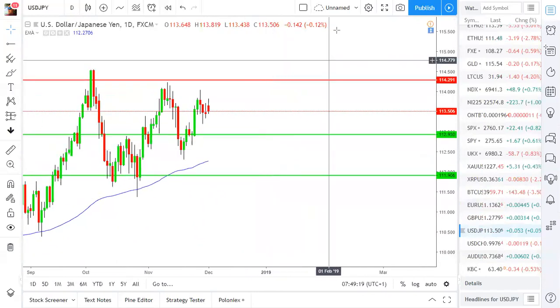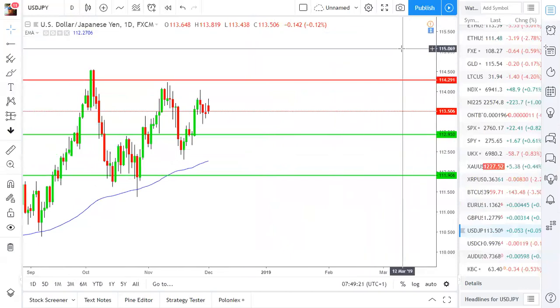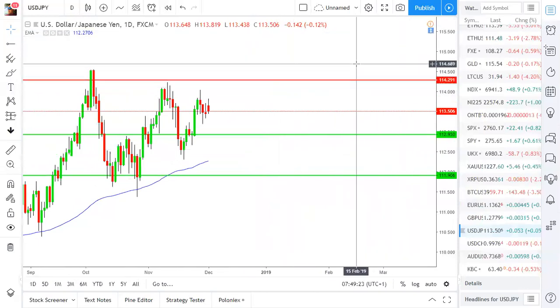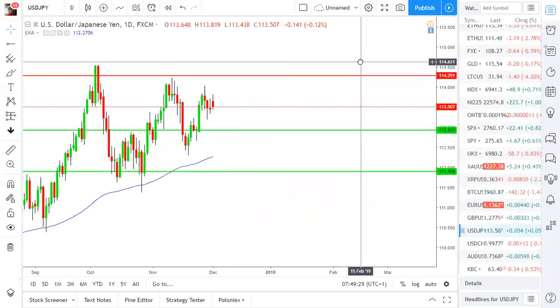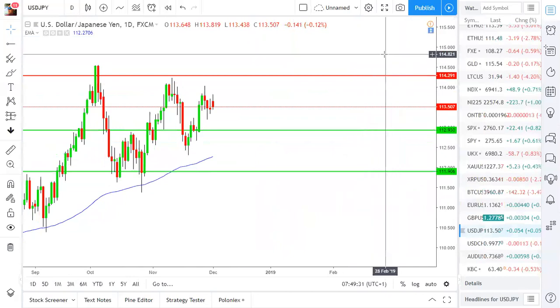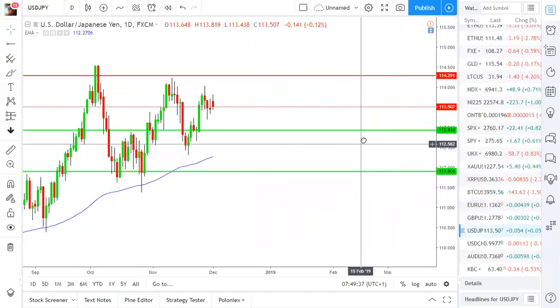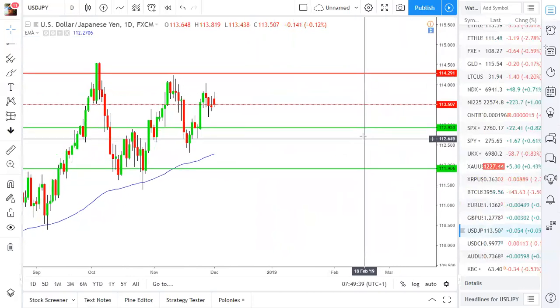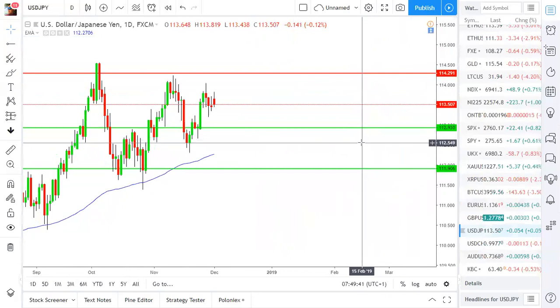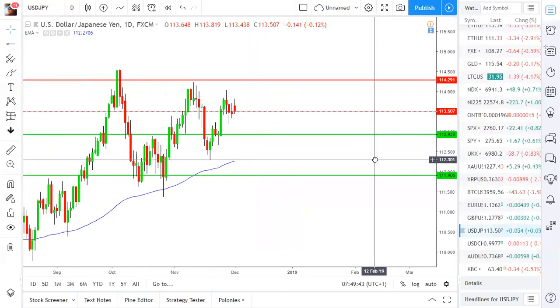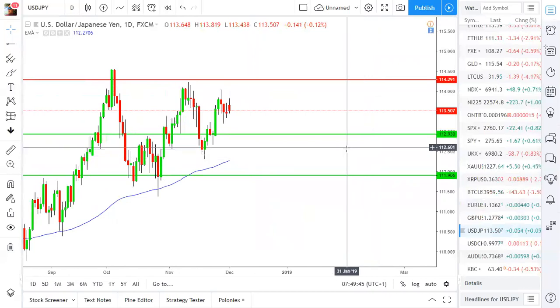So just a recap on those levels, I'll find resistance round about the 114.291 area, really between that area and 114.500. Then I will be finding my support at 112.93 and 111.906. That would be my support levels.